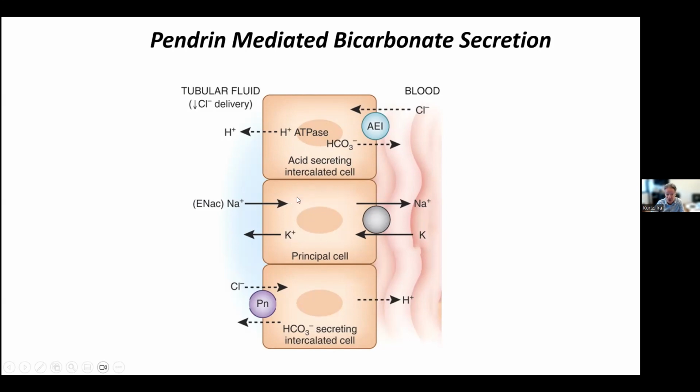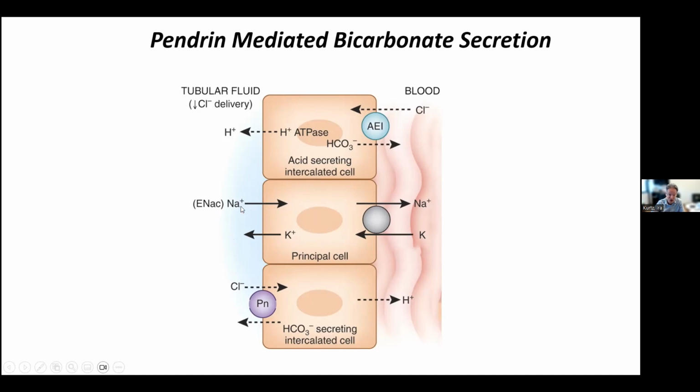There's another cell called the principal cell, where ENaC is the epithelial sodium channel that amiloride blocks. This is the cell that's responsible for potassium secretion on a separate protein called ROMK, not shown here.